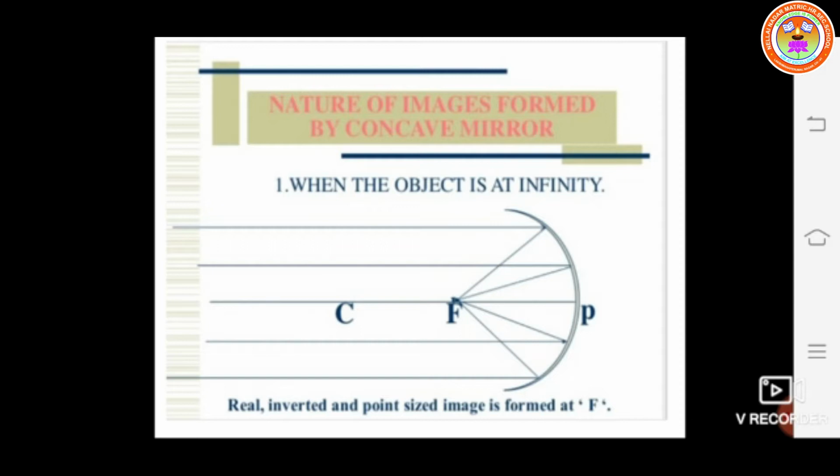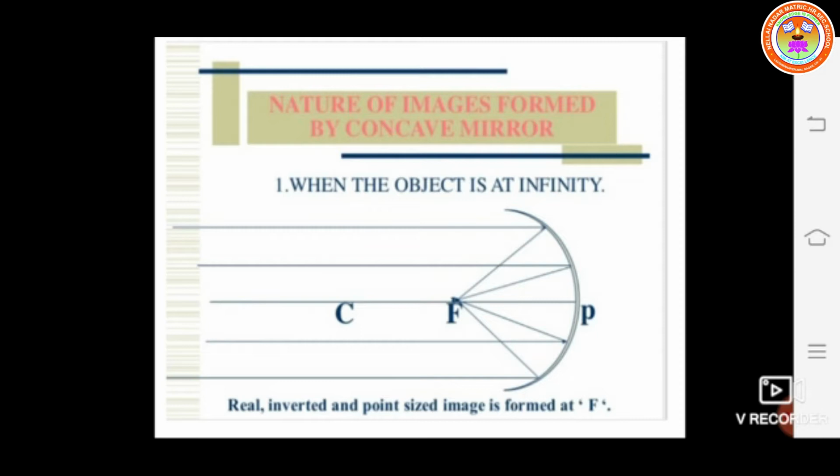Principal axis means the axis passing through the pole. Then we need to mark the center of curvature, which is the center of the sphere. Between the pole and the center of curvature there is the focal point.